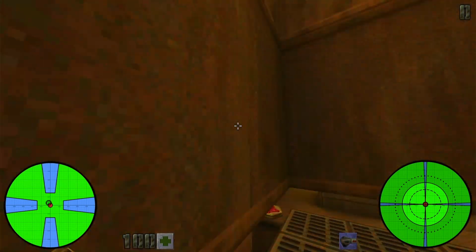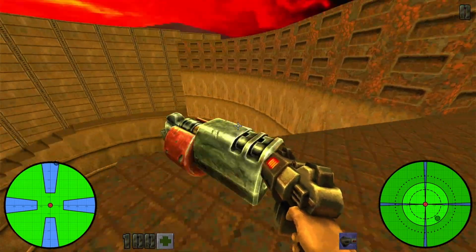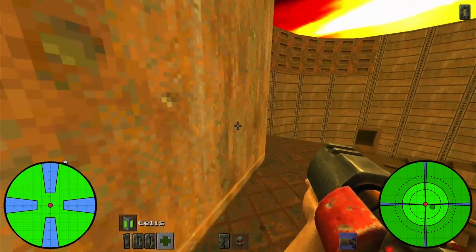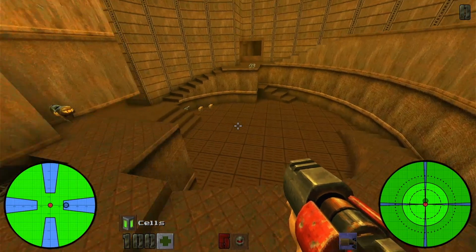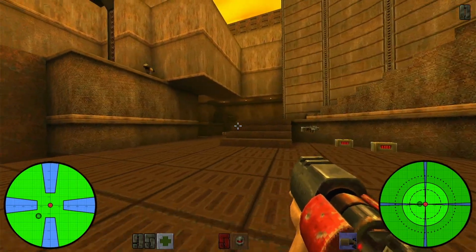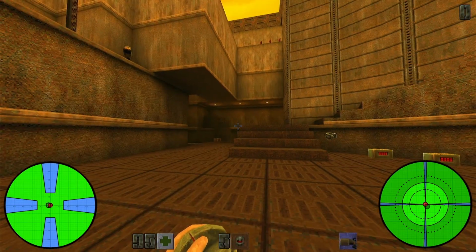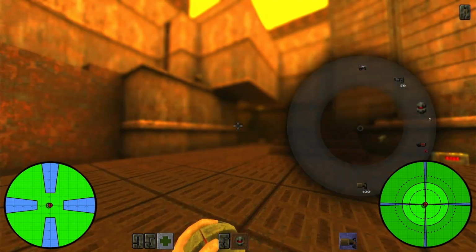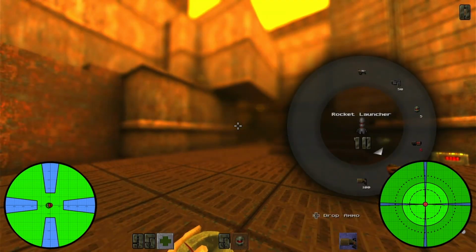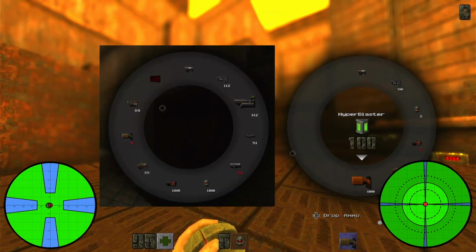But if I switch back to the blaster and pick up the rocket launcher and the hyper blaster, I think it should be in the third place, but I picked up and now I swapped to grenades, because the true position of the rocket launcher is somewhere right here, and it depends on the size of the wheel.